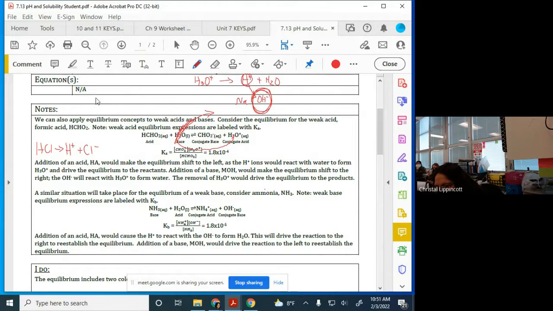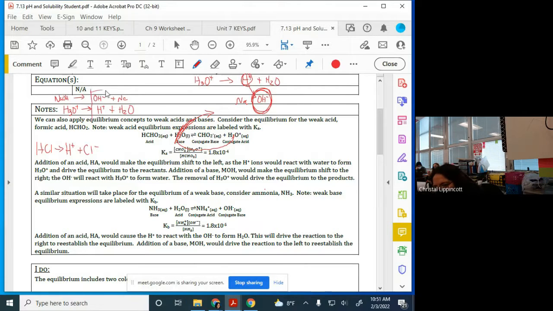So the H3O plus, right? What that is, is a hydrogen ion and a water, right? Okay. When you put in the NaOH, it's going to come apart as OH and then the Na, right? Uh-huh.